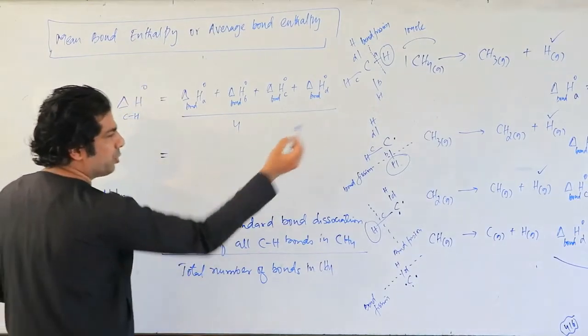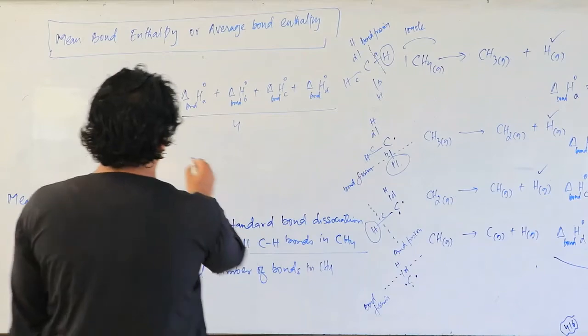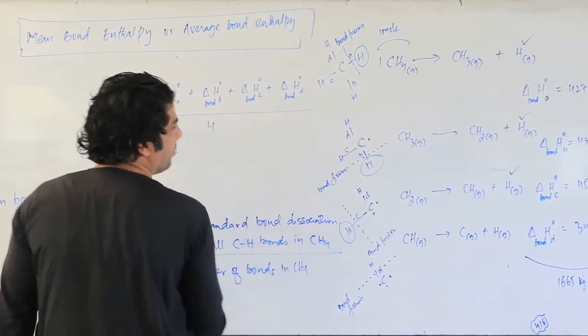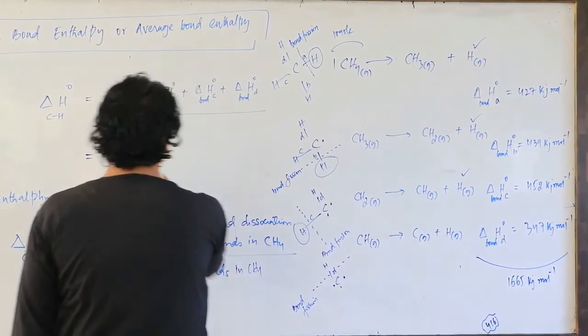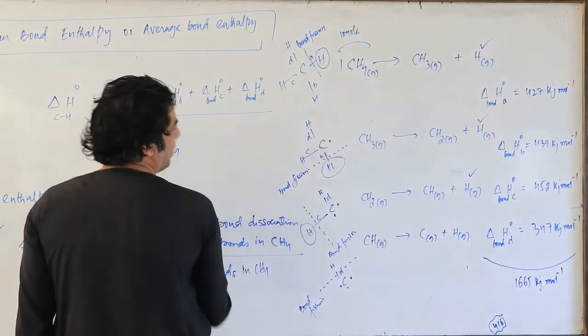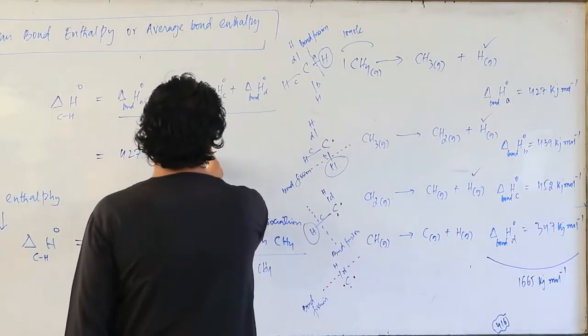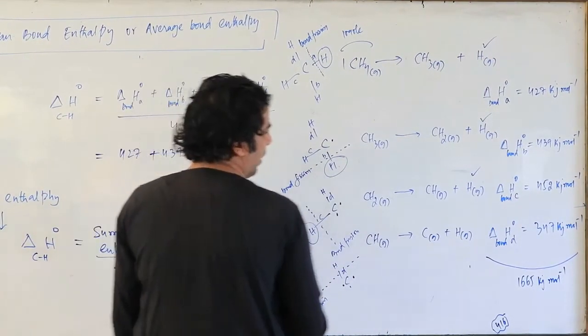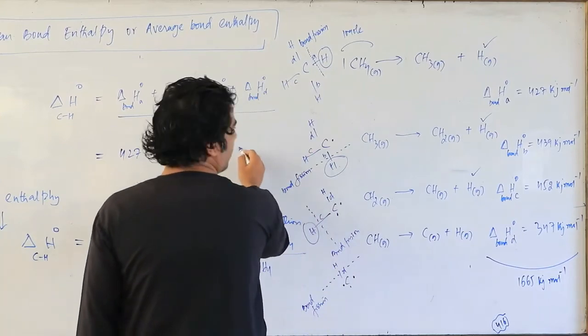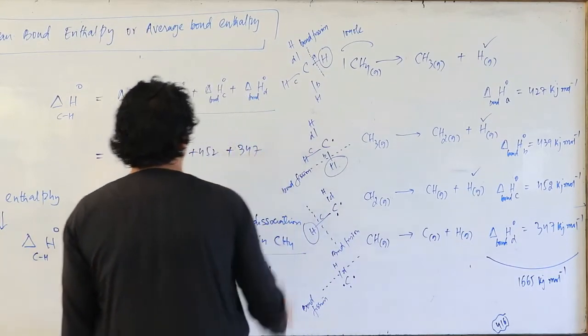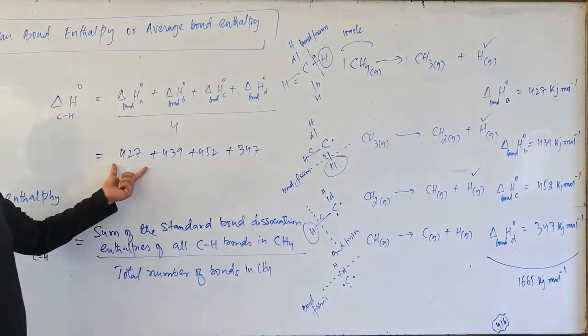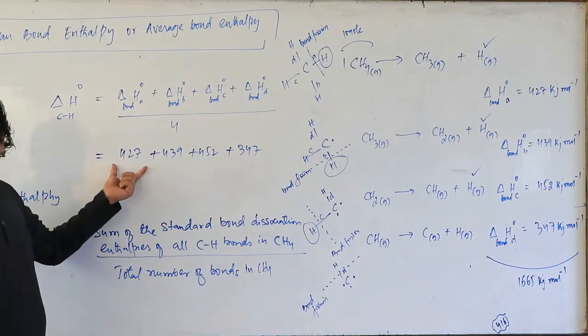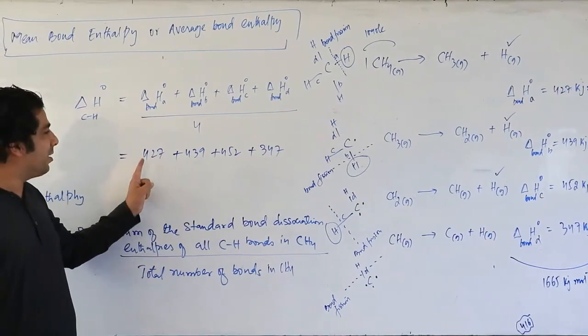Then I can put those values here. Let's take the first value, 427, second value is 439, third value is 452, and the fourth value is 347. So these are the 4 bond dissociation enthalpy values of C-H bonds in methane. All are different.